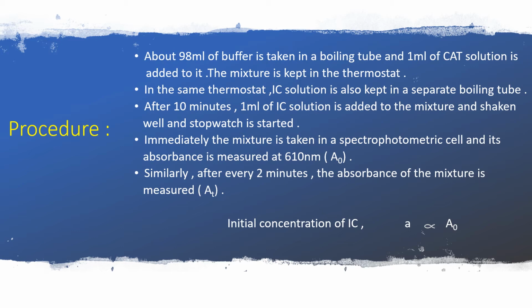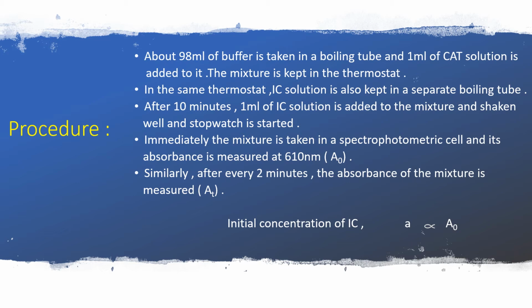Now after every 2 minutes the absorbance is measured. So here you are measuring the absorbance with time. That is AT. The initial concentration of IC is denoted by small letter a, and that is proportional to A0.